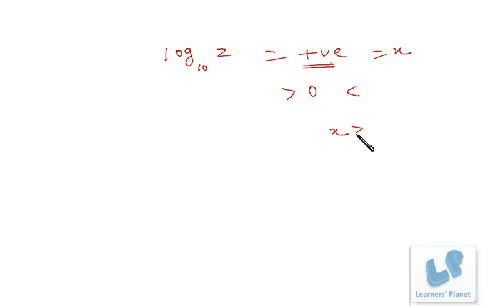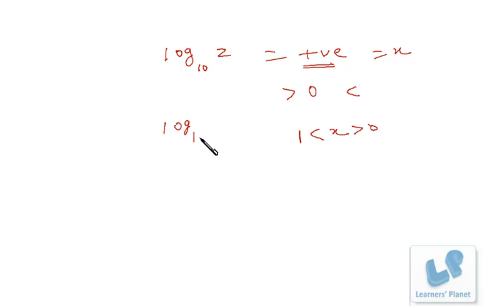Listen to me carefully. Suppose I have the base of the logarithm as 10, right? So log 2 to the base 10 will be a positive quantity, greater than 0 but less than 1. Suppose I say it's x, so x will be greater than 0 but less than 1, right?